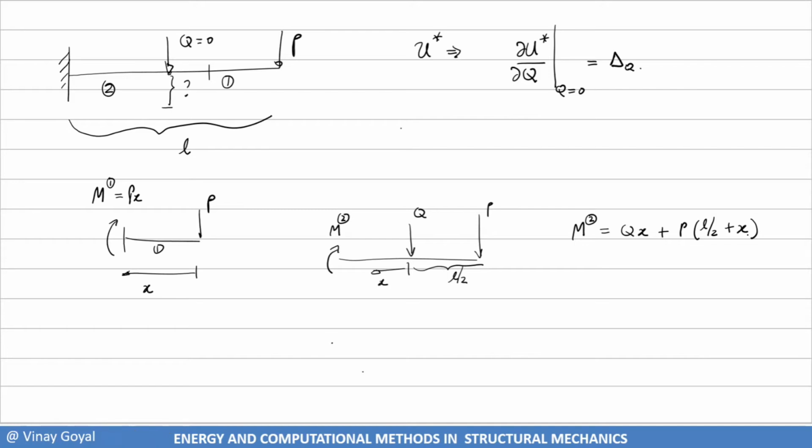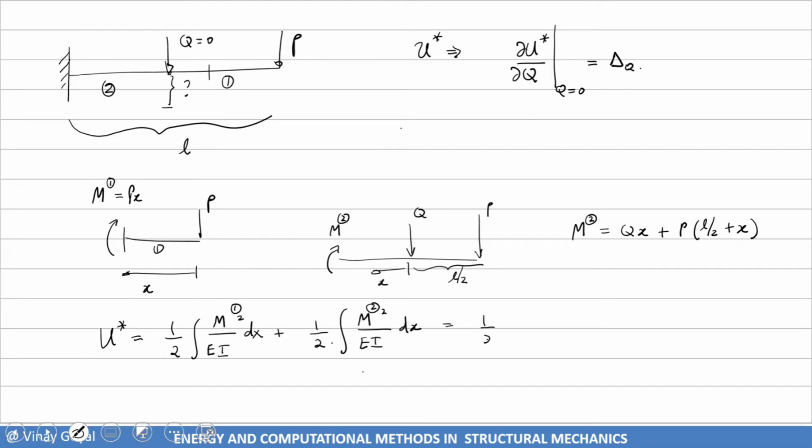Yeah, that's correct. So then U star becomes, so what is it going to become? It's going to be 1/2 integral M squared for portion 1 over EI dx plus 1/2 integral M squared for portion 2 over EI dx.